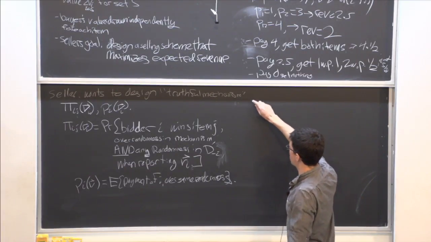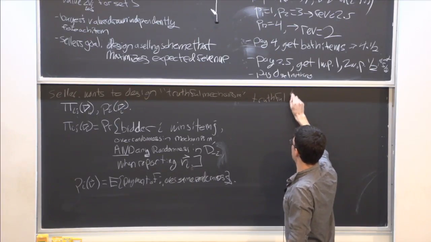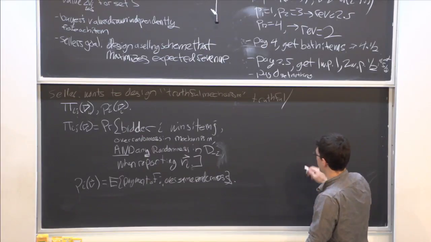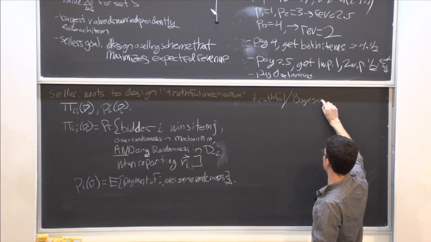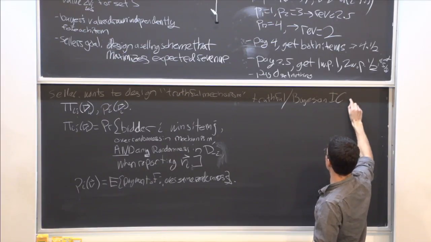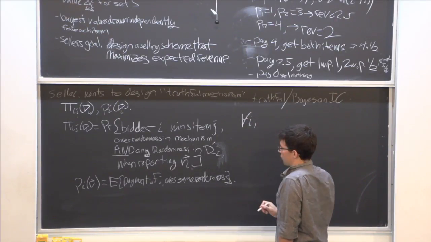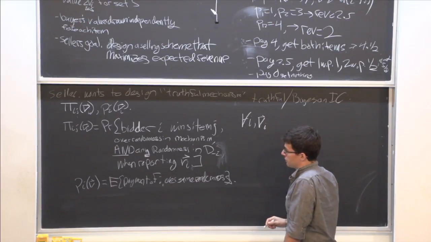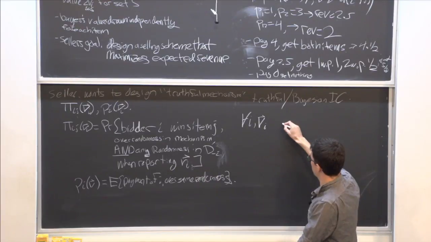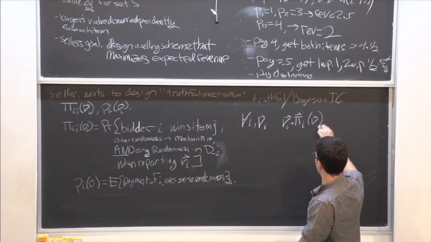So I want to say that a mechanism is truthful. And the slightly more formal term for this would be Bayesian incentive compatible. So for all bidders and for all values that they might report, let's parse this.